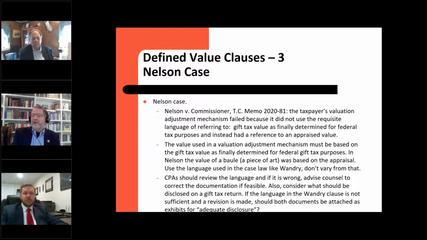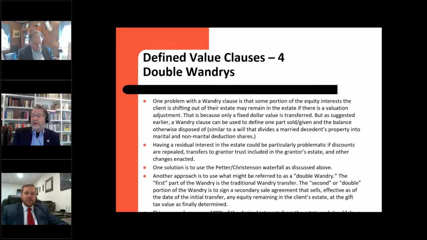There could be approvals. There could be a new operating agreement before and after the transfer, showing conformity in respect of the Wandry or other valuation mechanism, or the King note that's been used in the transaction. All those ancillary documents are part of what I think is really critical, as Jonathan said, for full disclosure.